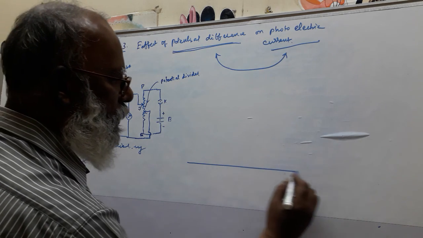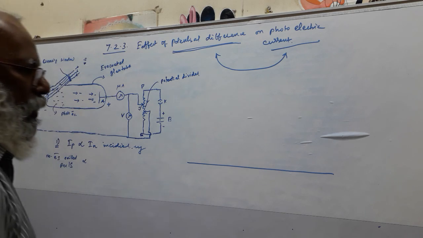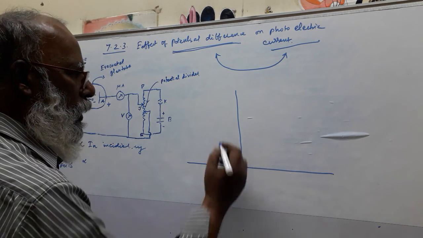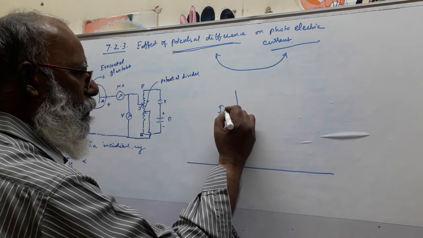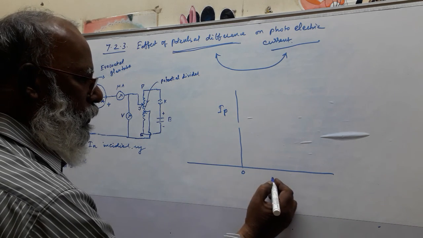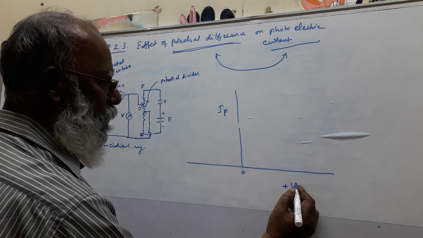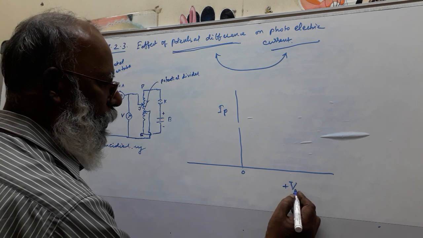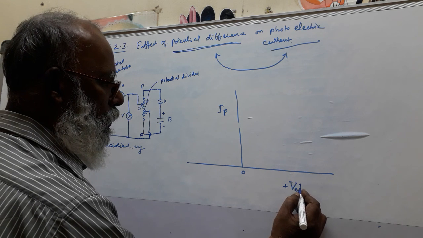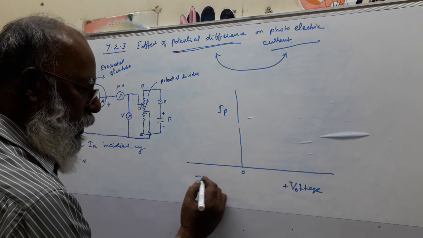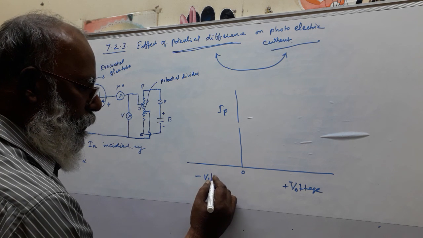We consider the potential difference on the x-axis and the photocurrent on the y-axis, called IP, and here is 0. This side is positive potential difference, positive voltage. This side is called negative voltage.